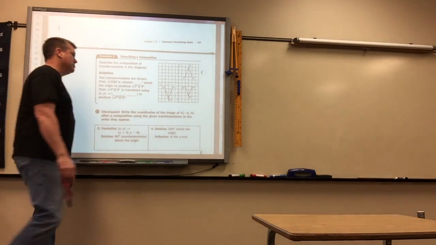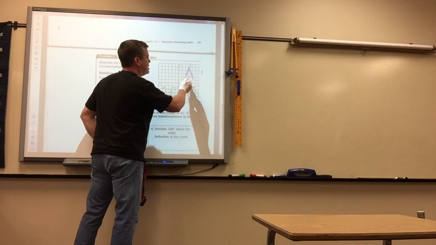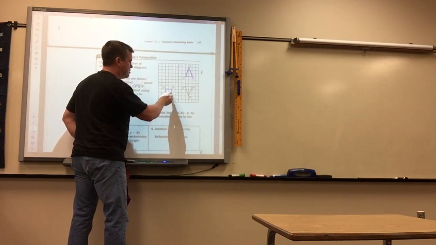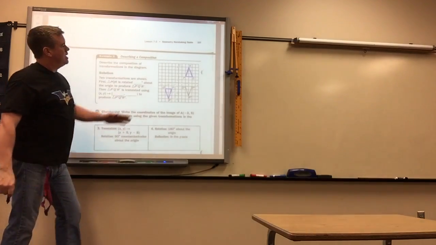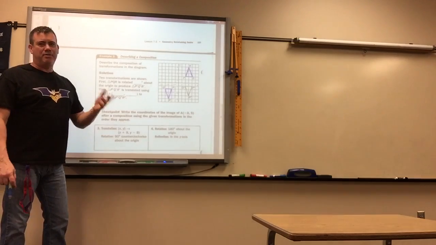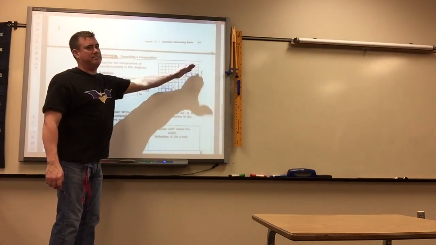Describing them. Here we can see this is the original because it doesn't have the prime marks. And here is the first image because it has 1. So what did I do to get from here to here? It's not a translation. It's not a reflection, so it's a rotation. So how many degrees is that?